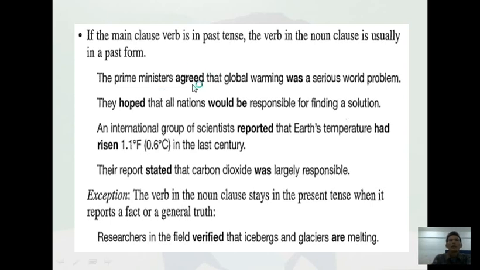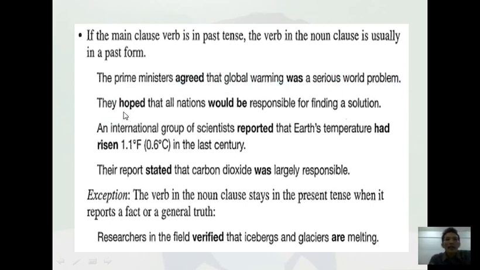Okay, here: the Prime Minister agreed that global warming was a serious world problem. Look here, the Prime Minister agreed, it belongs to the simple past; that global warming was a serious world problem is also past. The Prime Minister agreed is the independent clause, and that global warming was a serious world problem belongs to the dependent clause or noun clause.